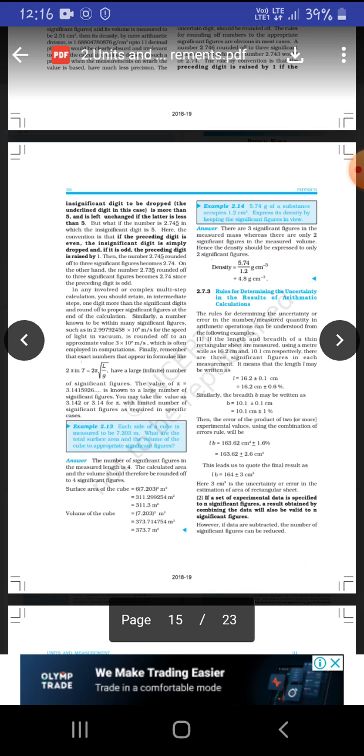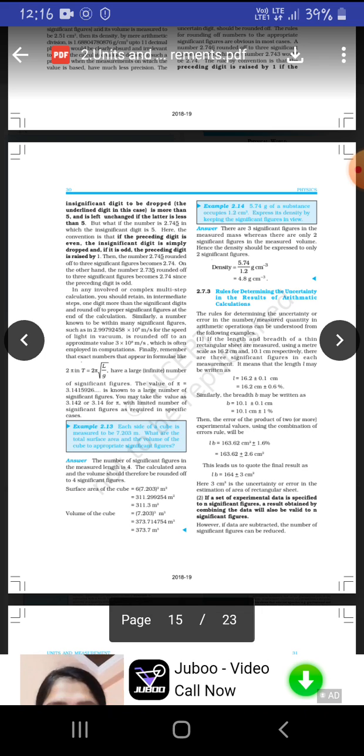Here they have given L is equal to 16.2 plus or minus 0.1 centimeter. There are three significant figures in each measurement, so the length may be written as 16.2 centimeter plus or minus 0.6 percent, and 0.1 we can write as plus or minus 1 percent.